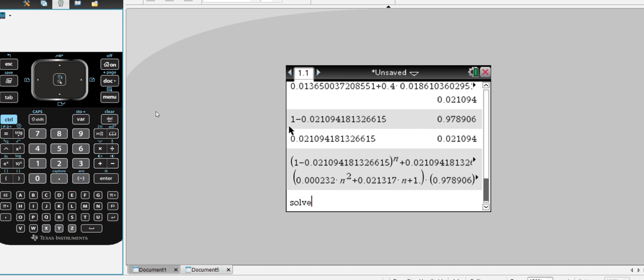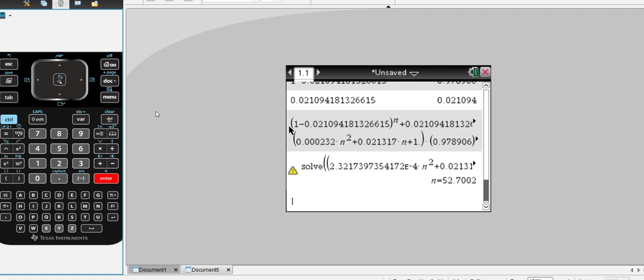And we're going to solve and let this equal 0.9. Hopefully, oh, it does, thank God. All right, so n equals 52.7.